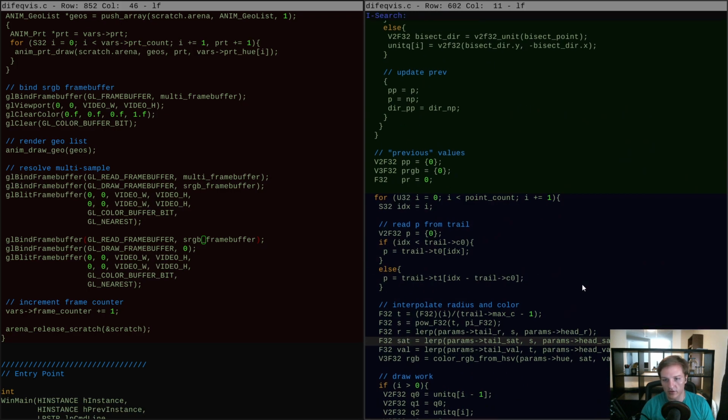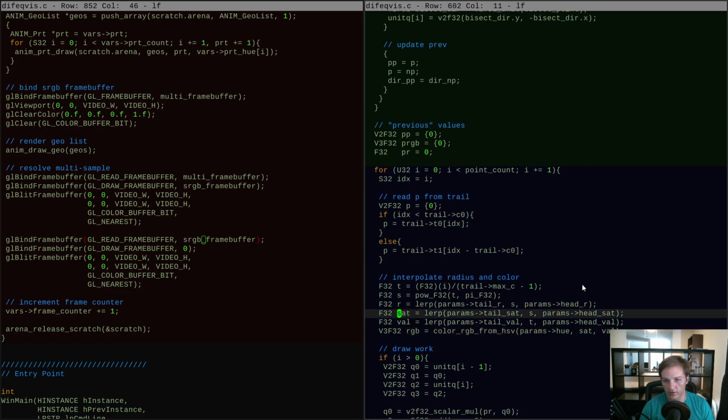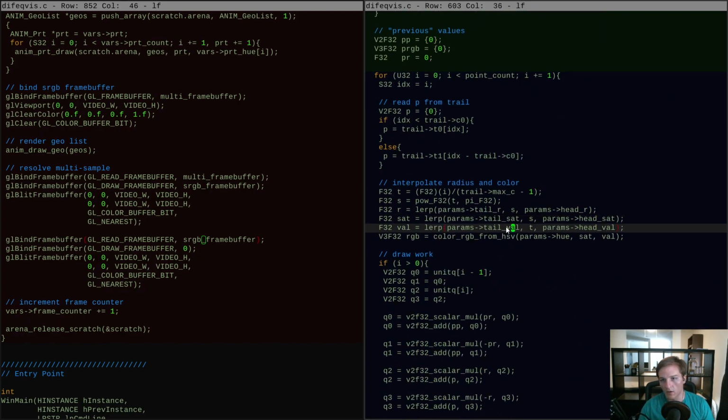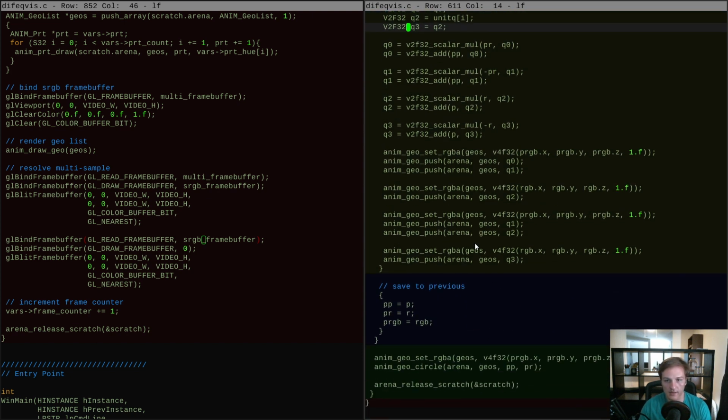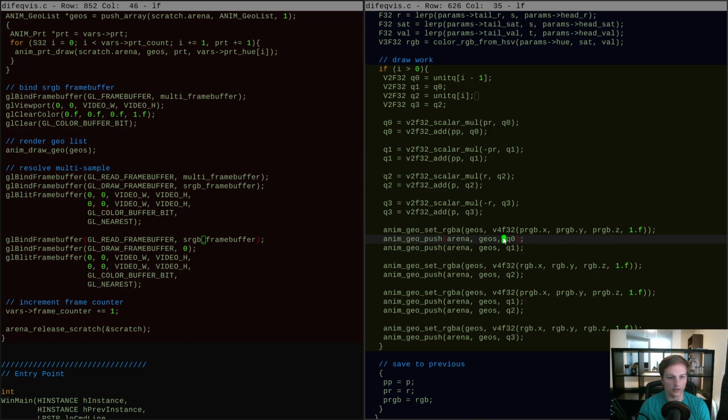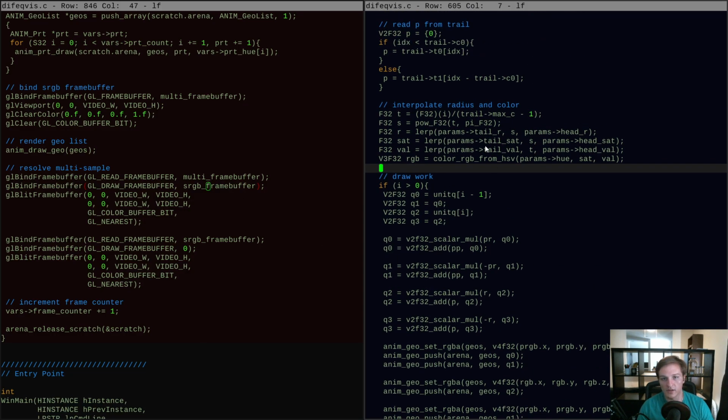These interpolations on the saturation and value want to be converted back to RGB, and that RGB is in linear color space. So it all gets rendered out in linear color space, and then it gets sent back to sRGB so that it can go to the screen accurately, because the screen is going to go through sRGB.